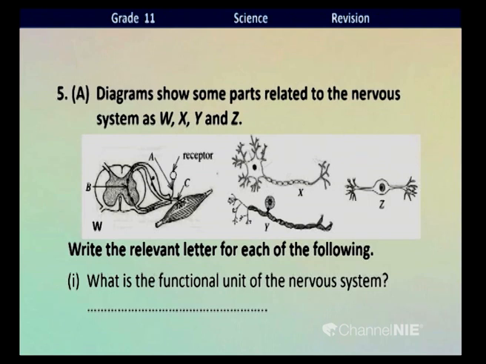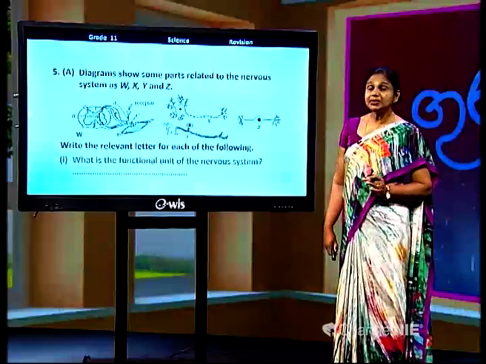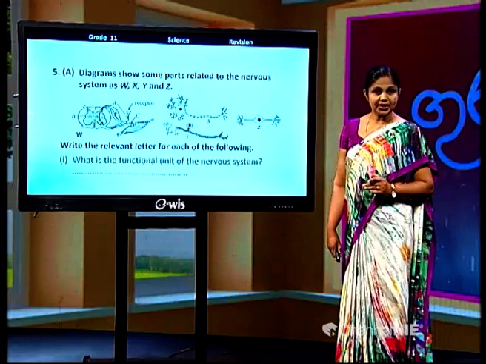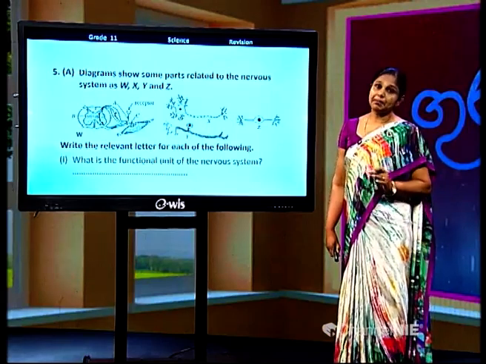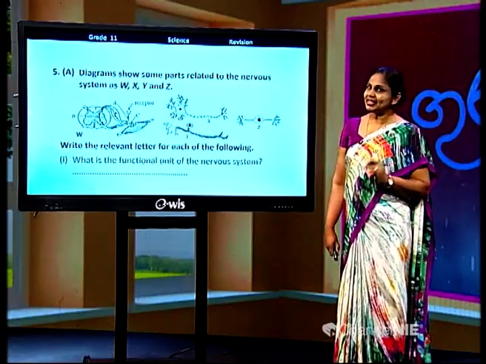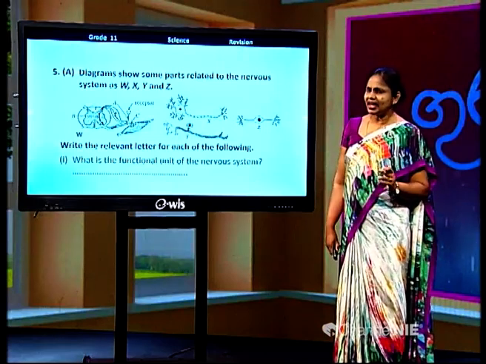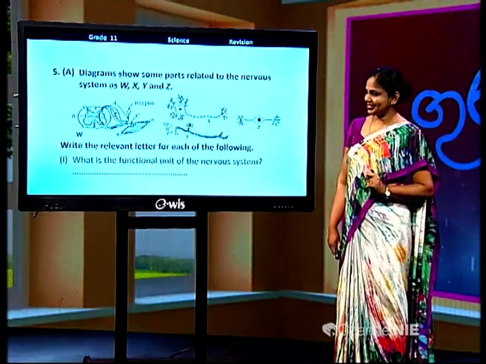It is familiar to you, I know that. And X, Y, Z represent some types of neurons present in the nervous system. We'll see the questions one by one.